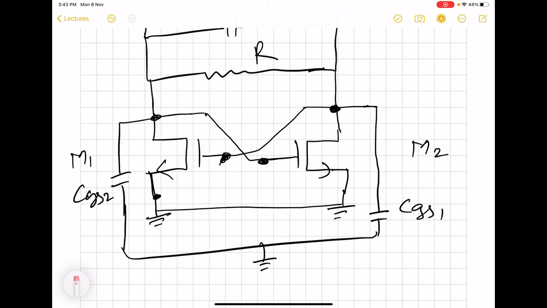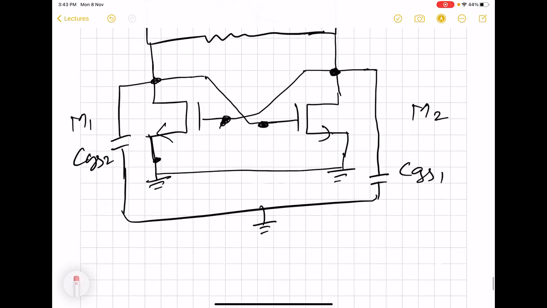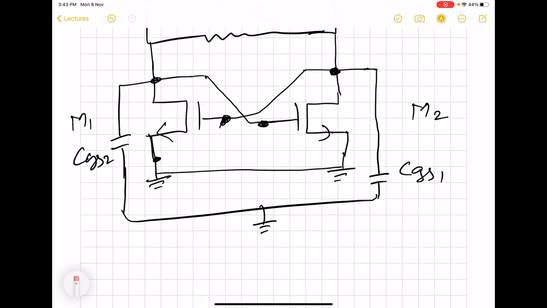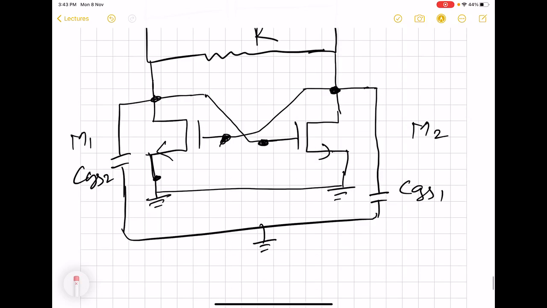So what we now get is a series combination of capacitors CGS1 and CGS2 between node Vx and Vy. And here source to bulk is going to be ineffective because the source is grounded. So we need not talk about the source to bulk capacitor.